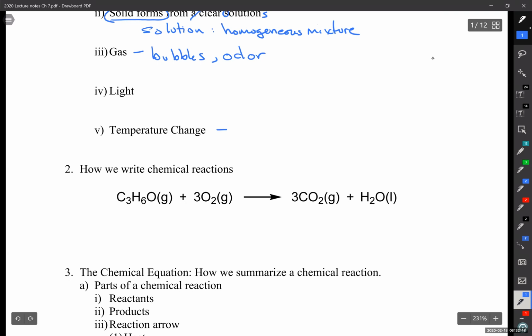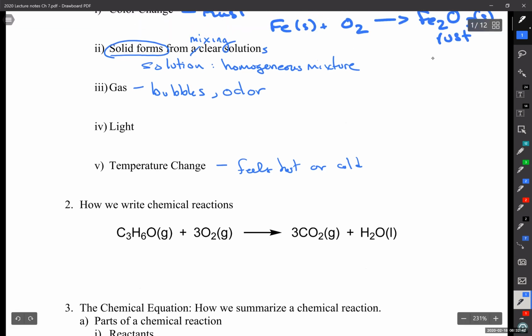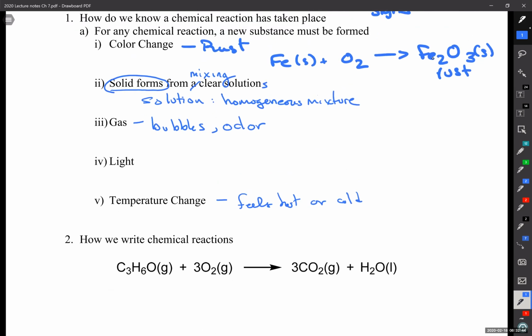Like this list is great, except it doesn't tell you how you know those things are going on. Now light's obvious, it creates light, you see it, right? But there's a temperature change, and so it feels hot. Or cold. That it's different than room temperature. Okay. So that's how you tell that there's a chemical reaction. So these are the ways that you can tell there are different kinds of chemical reactions.